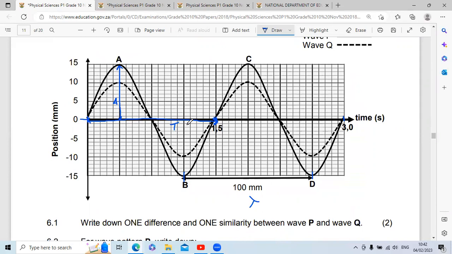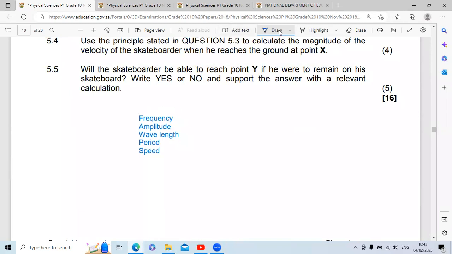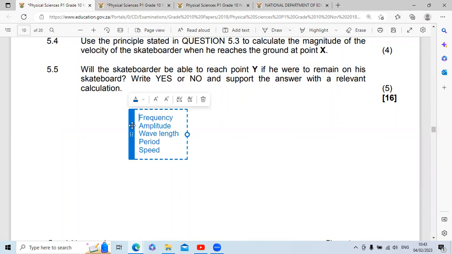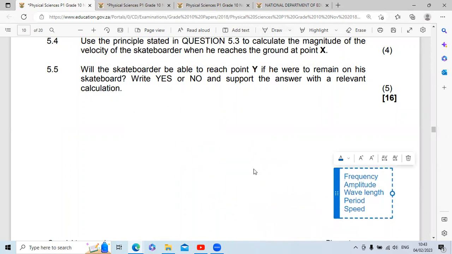Sorry, let's just focus on a different one right now. Look at the wave, and let me just try to copy this elsewhere. Let me put it on the other page.